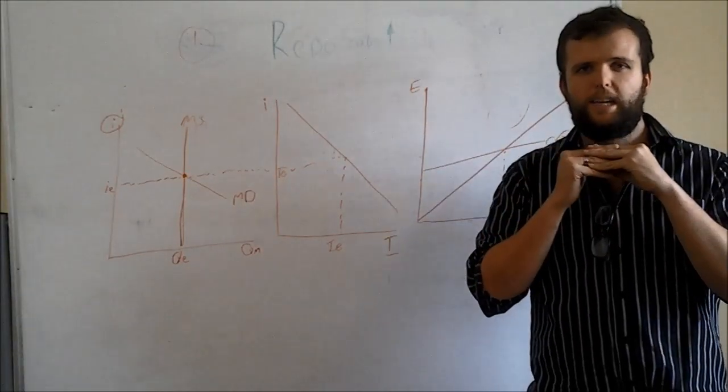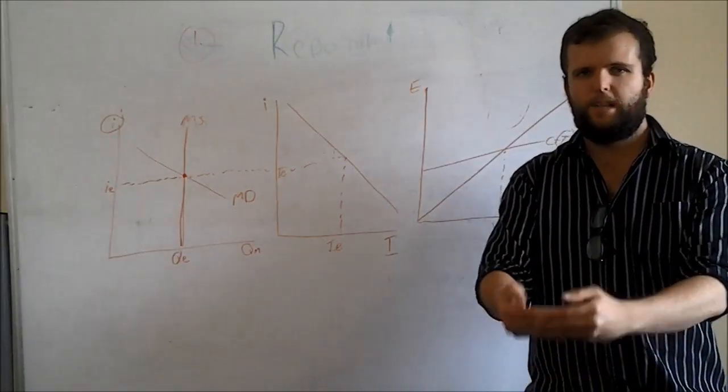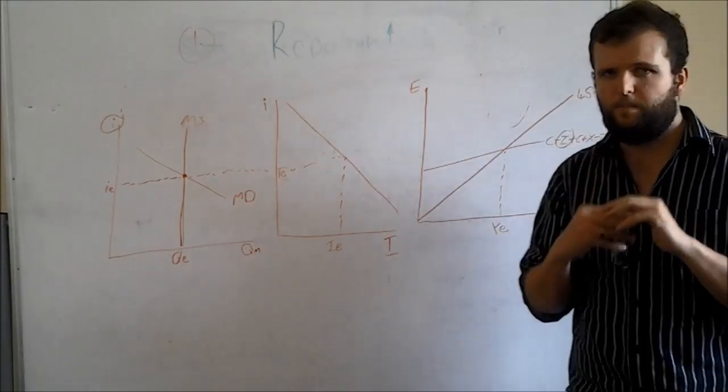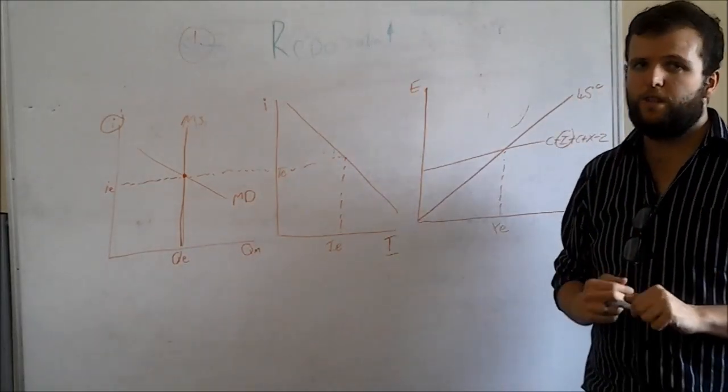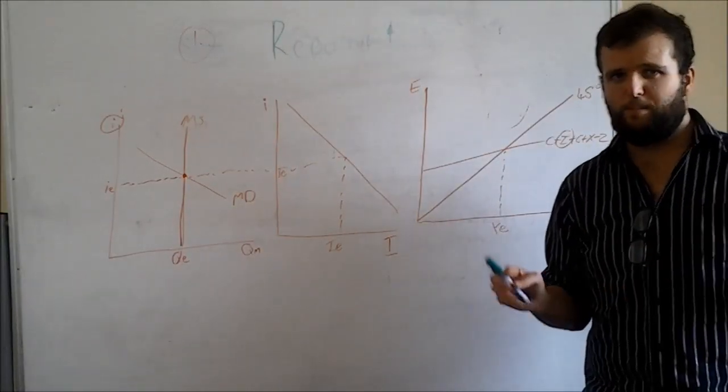When they sell, then they're taking money from the commercial banks, so they're reducing the amount of money in the economy. So just be cautious on that one, the open market operations, and understand it when we talk about buying and selling.